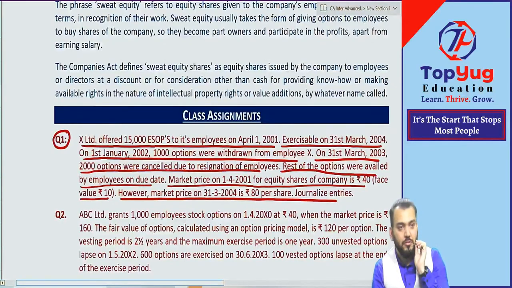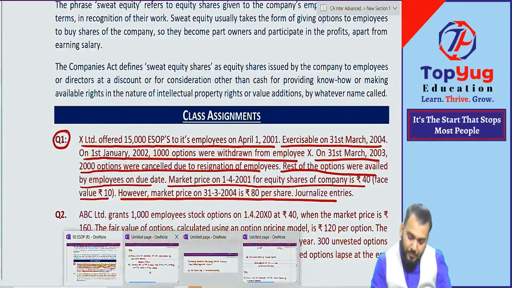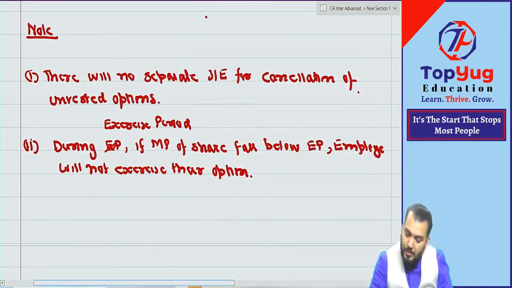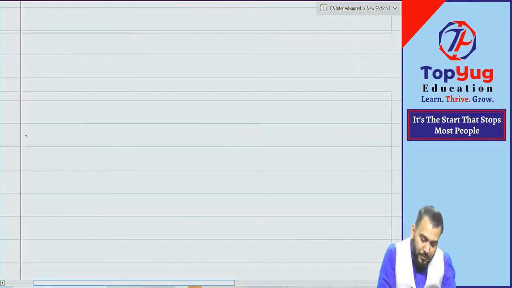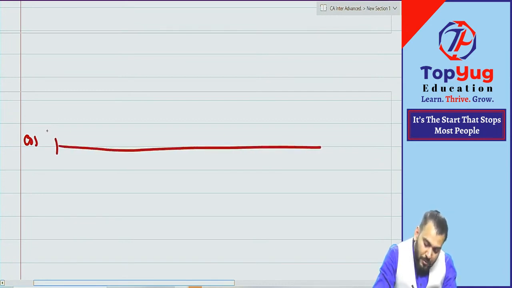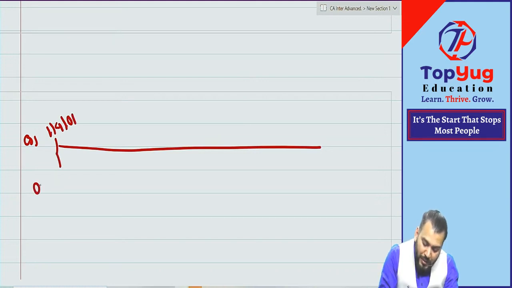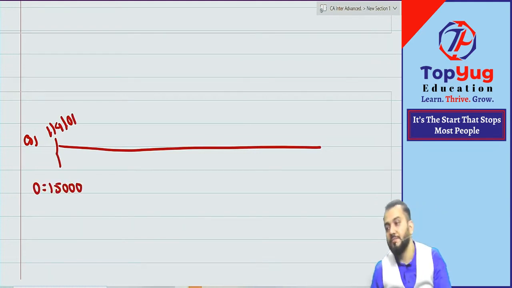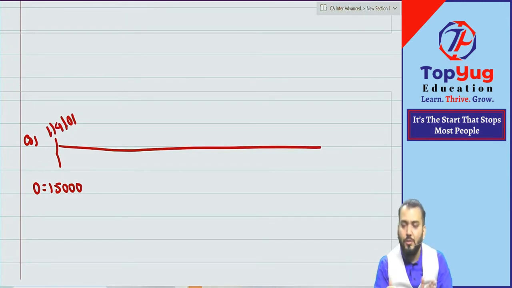Have you understood the question? Let us understand. Correct? You will help me. We are doing question number 1. What is the grant date? 1/4/2001. How many options granted? Whatever I am writing, you should also write down. Whenever a question is given date-wise, better you draw a timeline.